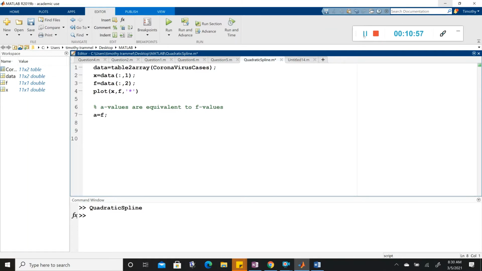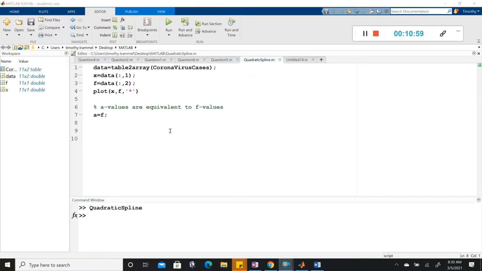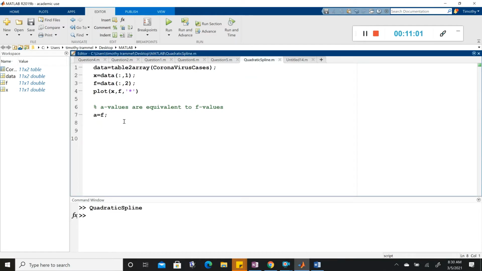All right, let's move on to the next part. The easiest part to probably do next is, I want to just point out real quick, we will have some system, like A times some vector is equal to some other vector. This A matrix here is going to be filled with the coefficients for B1 through B10 and C2 through C10.